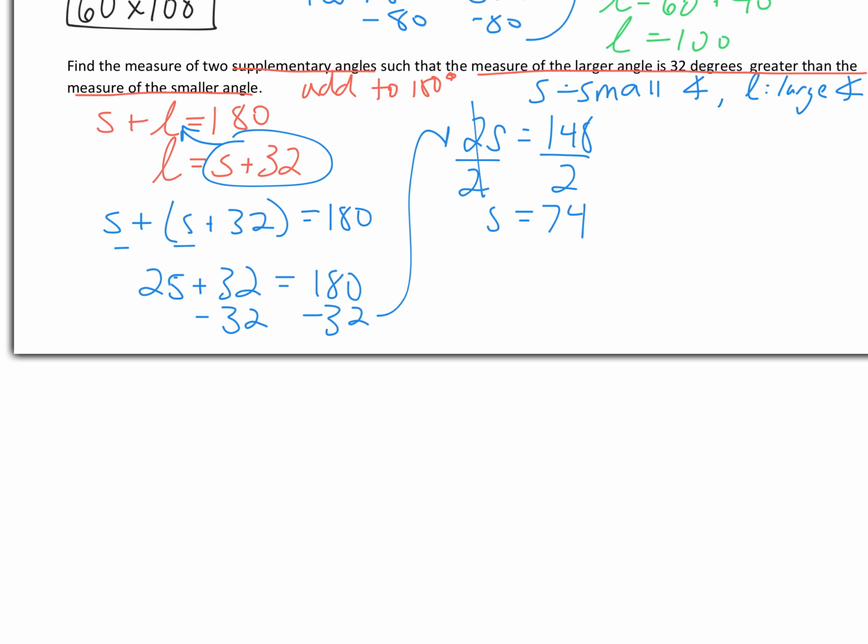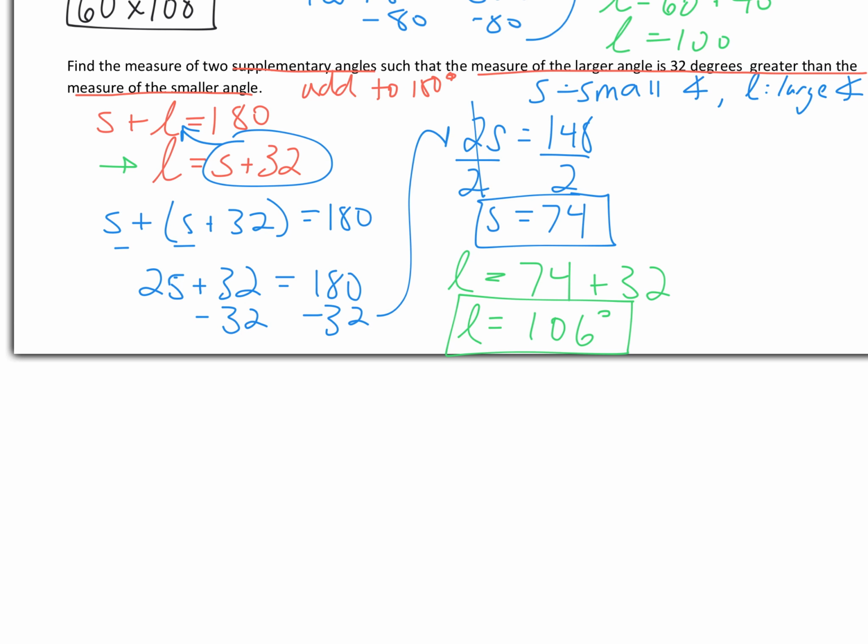So our small angle is 74 degrees. The large angle, well, I'm going to plug it into the second equation because that seems easiest to solve. 74 plus 32, and that gives me a value of 106, and that's in degrees, right, for the large angle. Let me put a degree sign on the small one as well.